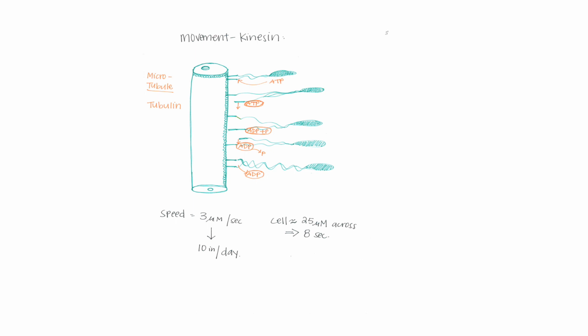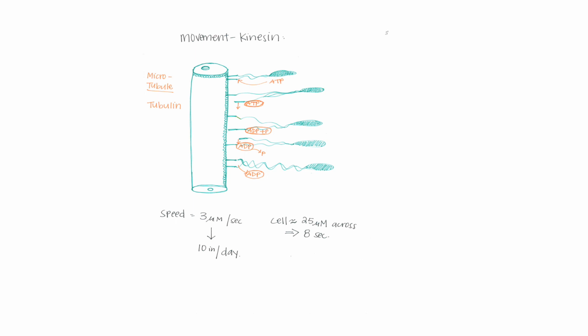Now, when ATP binds, and everything I'm telling you here is happening through allosteric conformational changes. So the binding of ATP causes an allosteric conformational change that allows the lower part, the lower leg, let's say, to come off of the microtubule and move over a little bit.